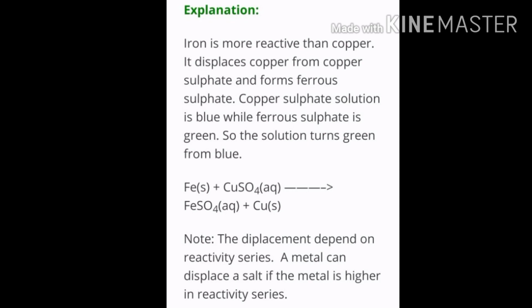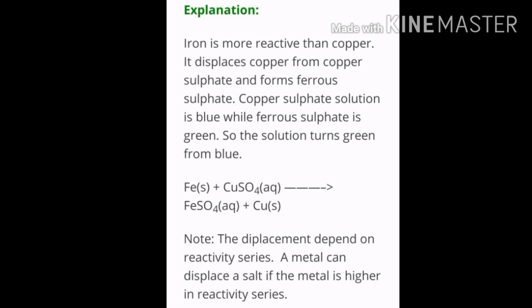The reason is that copper is a less reactive metal than iron. So it is not able to displace iron from iron sulfate solution, and as a result no reaction has taken place.